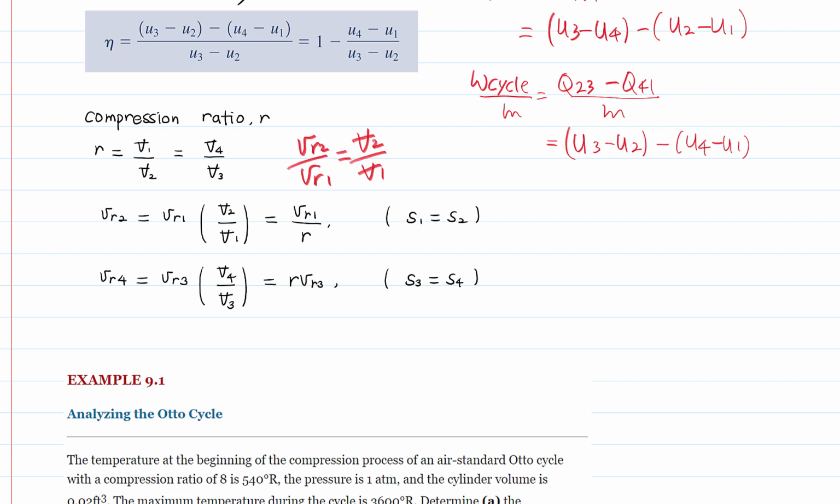So the equation can be solved for vr2, and V2 over V1 is the inverse of r, the compression ratio. vr4 can also be expressed in terms of compression ratio r. So we will use these relations to determine the unknown properties during the isentropic processes.